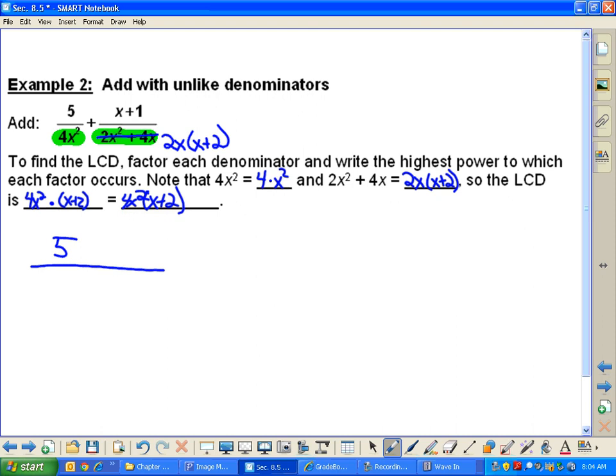Here's me rewriting my fractions so that they have this common denominator in the bottom. The first thing I do to start this step 2 is I bring down the original problem. And you'll see that I make my fraction bar a little bit longer.